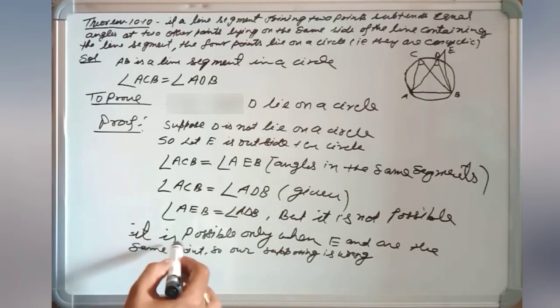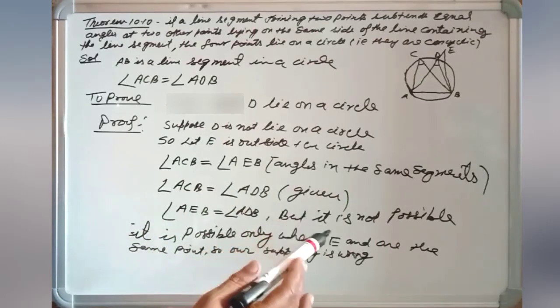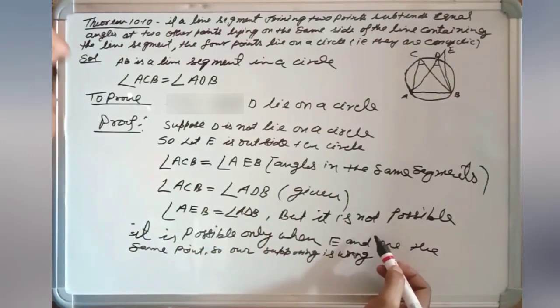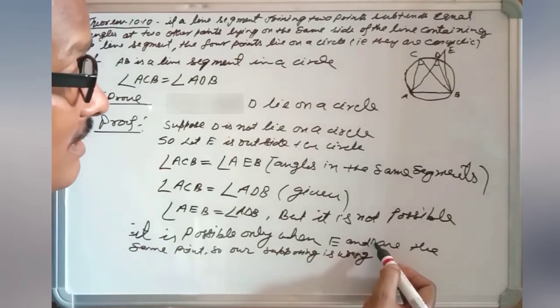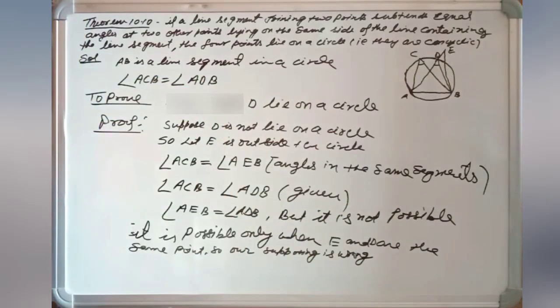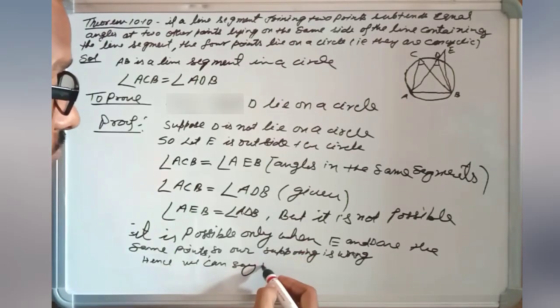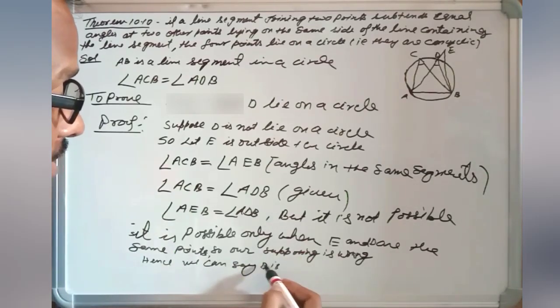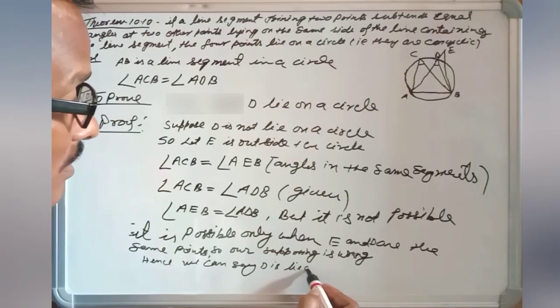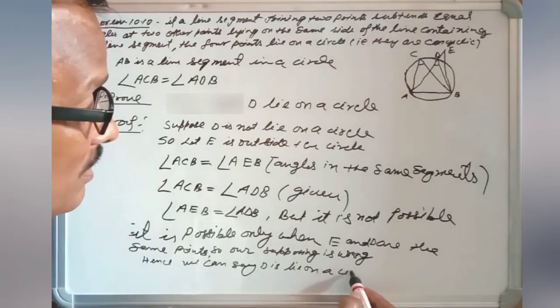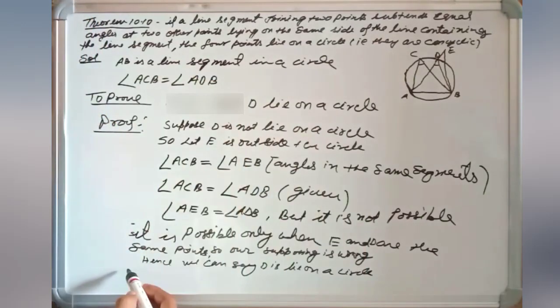It is possible only when E and D are the same points. So our supposing is wrong. Hence we can say D lies on a circle.